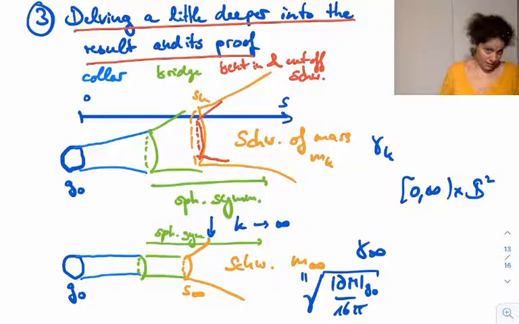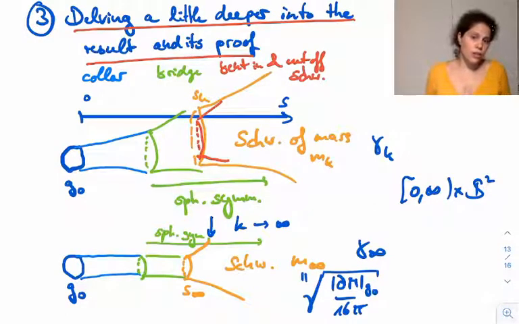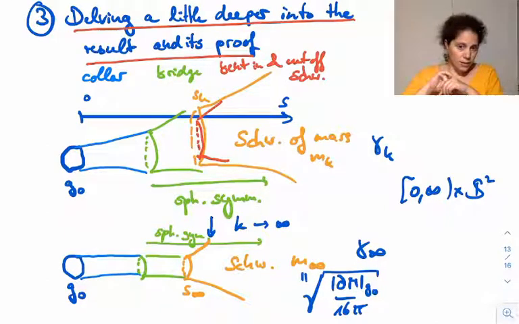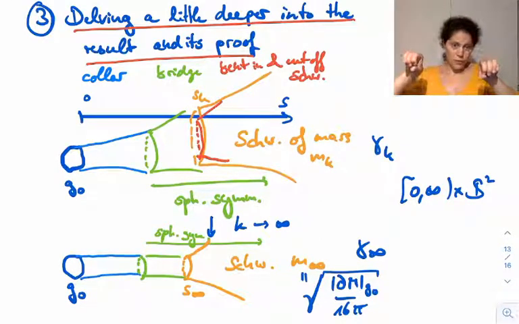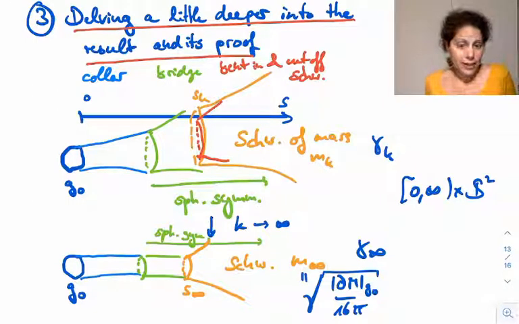I've told you more precisely that it's actually a cutoff and bent-in version of Schwarzschild, which is indicated in red here. These metrics on the manifold [0, infinity) cross S^2 converge in C^{1,alpha} on compact subsets to the metric gamma infinity sketched at the bottom, where we have a cylinder, meaning not that its cross sections are round, but that all the cross sections have the same constant area, and this is glued to a Schwarzschild all the way down to the horizon, with mass consistent with the Penrose inequality, bound and equal to that from the left-hand side in the limit.